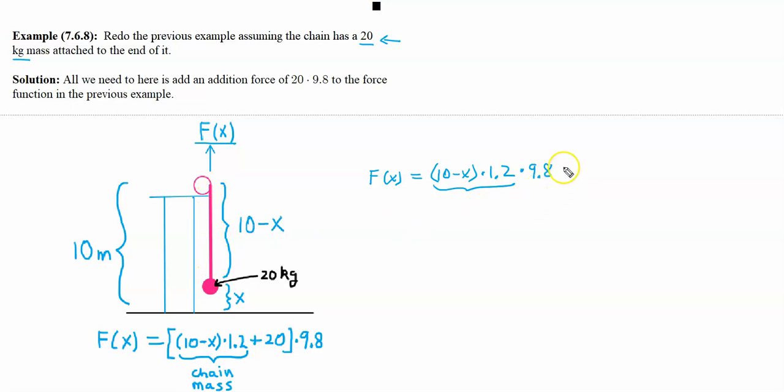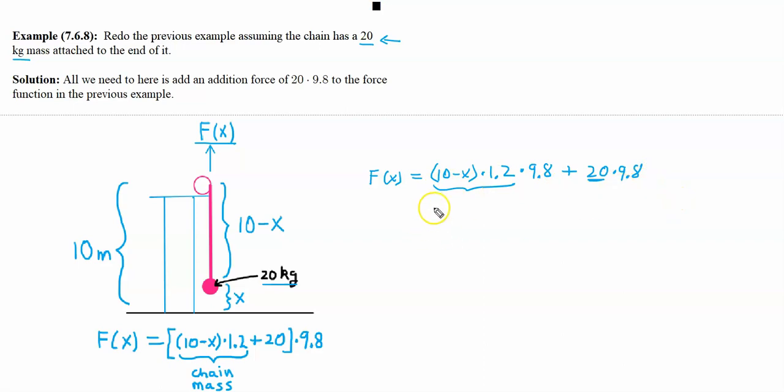But now we have to add on the force due to gravity pulling downward due to the 20 kilogram mass. To lift this 20 kilogram mass upward requires a force of 20, that's the mass, times gravitational acceleration near the surface of the Earth again, 9.8.